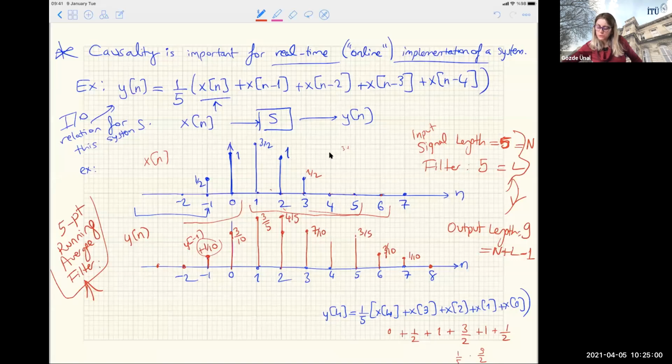Mustafa said it should be 4 over 5, so I was checking it because of that. I find 9 over 10, Mustafa says 4 over 5. Just do the math here.